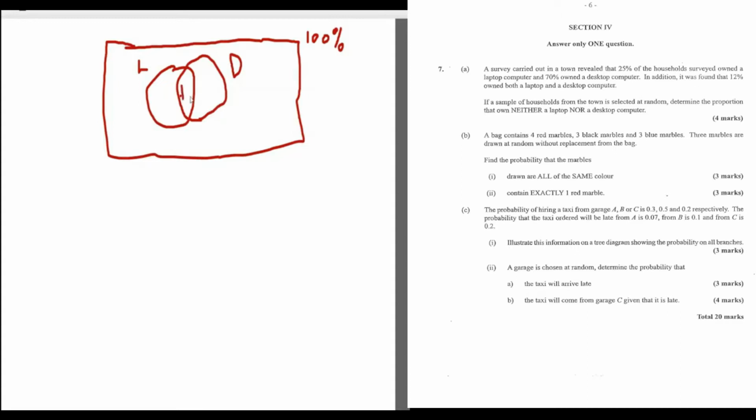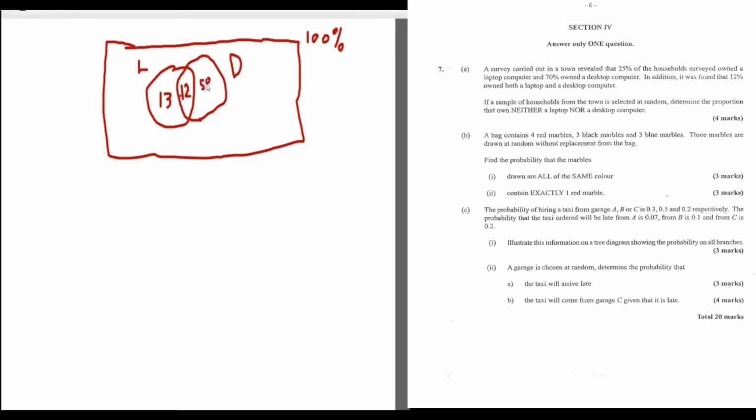So this is 12, and in here where it's laptop only is 13, because we need 13 plus 12 to give us the 25. Then 70% own desktop computers, but 70 minus 12 is 58. So desktop only is 58.